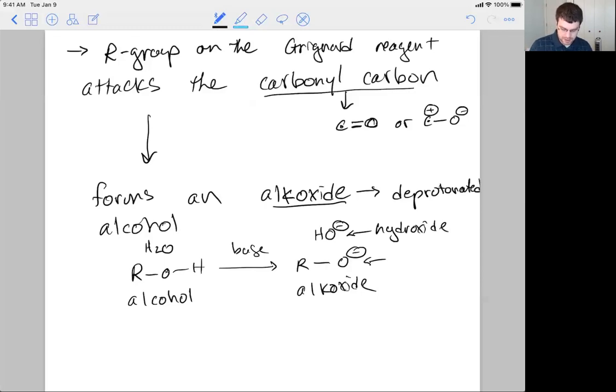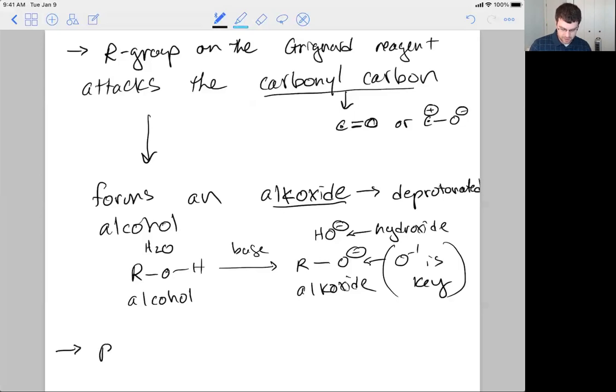The O minus is the key. The O minus is the key to an alkoxide. It's just something with an O minus attached to an R group. So we form that as a result of the Grignard reaction.